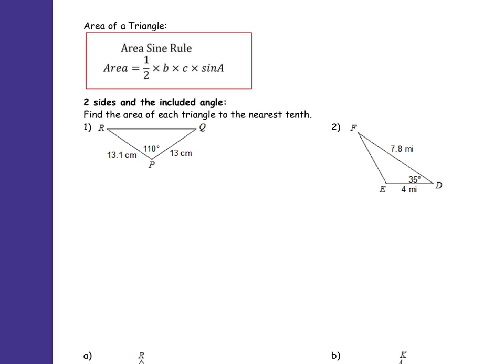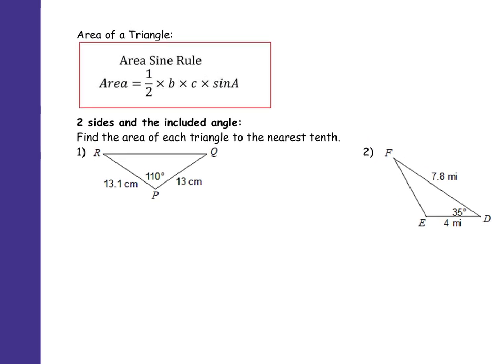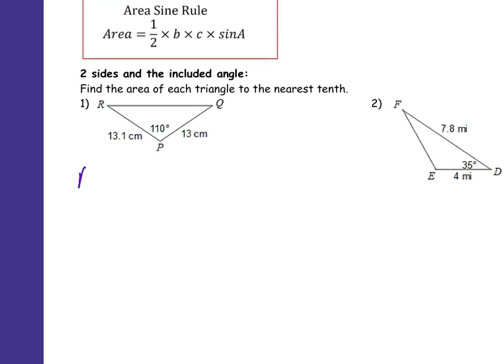But here we go. So it's pretty easy. All I'm going to do is multiply the two sides together, the sine of the angle, and then divide it by 2. So to find the area, I'm going to take 13.1 times 13 times the sine of 110, and then I'm going to divide that whole thing by 2, and that will give me the area of the triangle PQR.